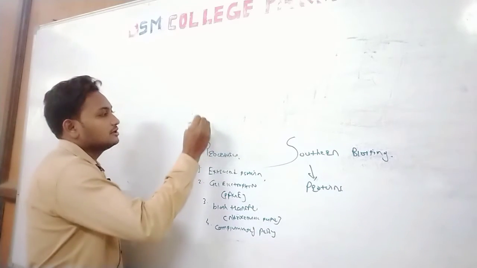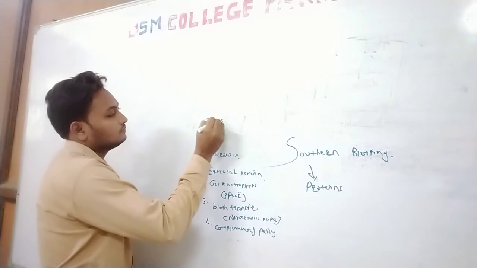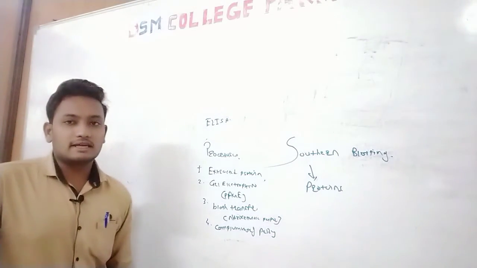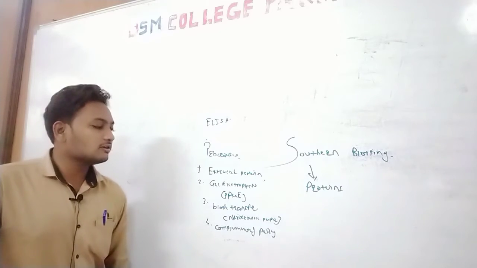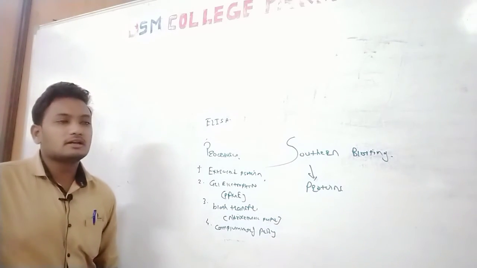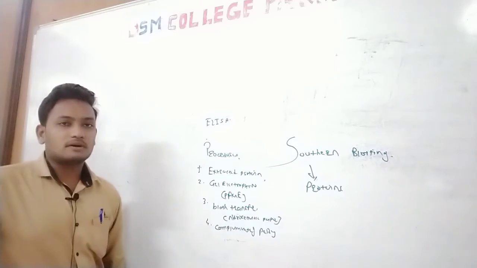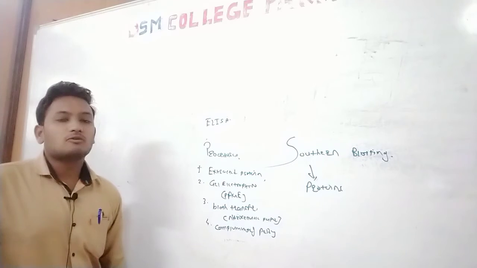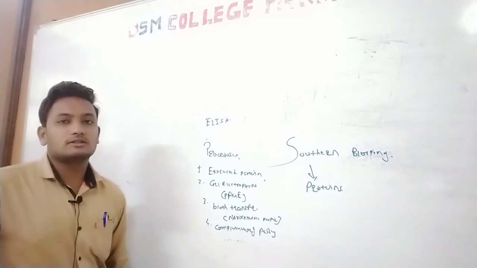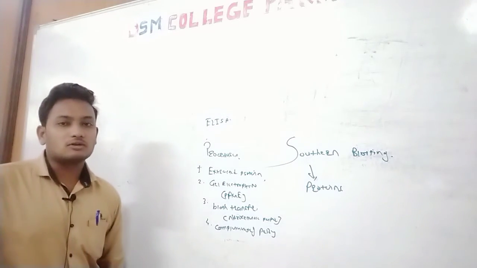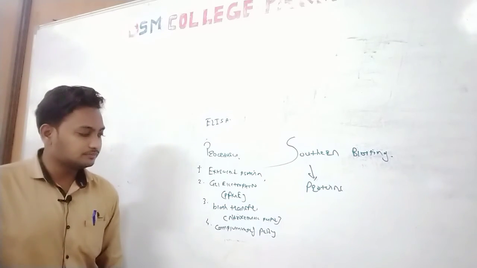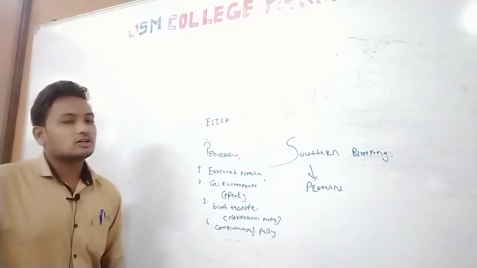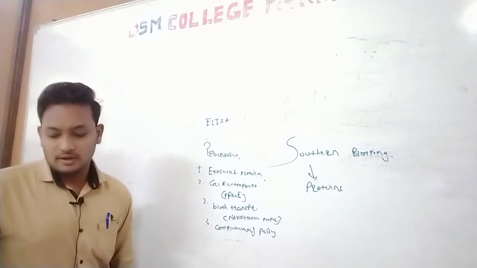ELISA, enzyme linked immunosorbent assay, is also used for the detection of the specific type of protein that is bound to the nitrocellulose paper. Autoradiography is there, and after that we can also use ELISA for the detection of the complementary protein bound to the nitrocellulose membrane. So here are the procedures for the detection of proteins on the blotting papers.